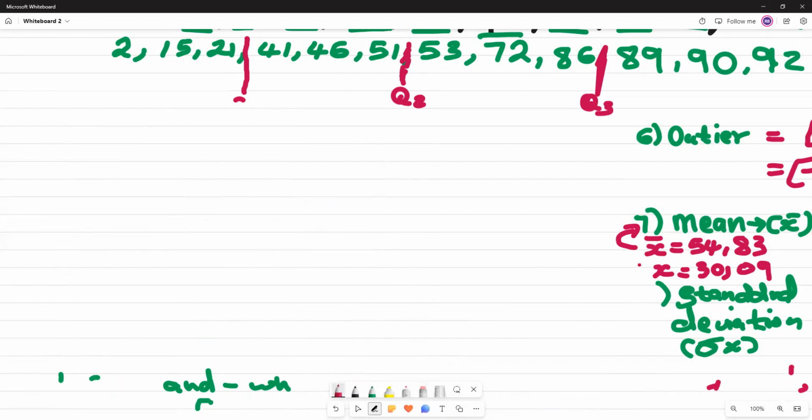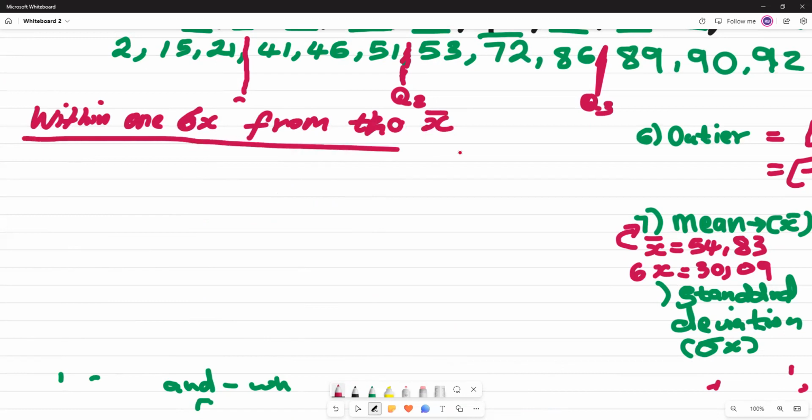Remember, this is phi x, right? Let's say the question asks you how many learners fall within one standard deviation from the mean.